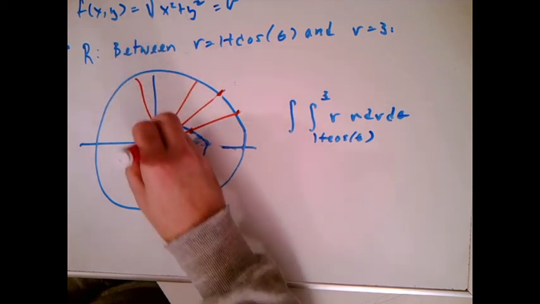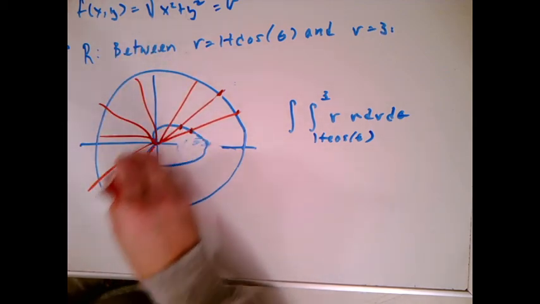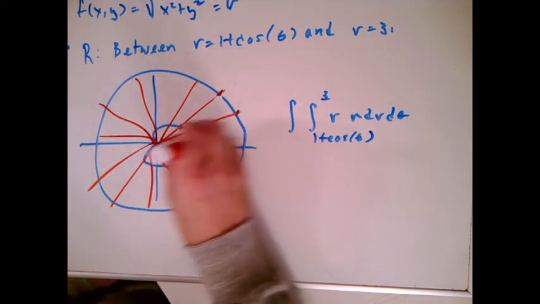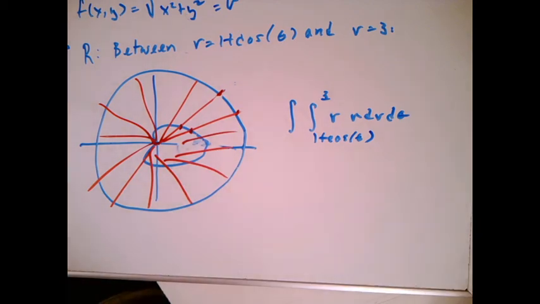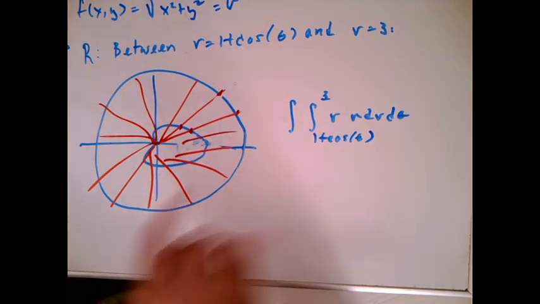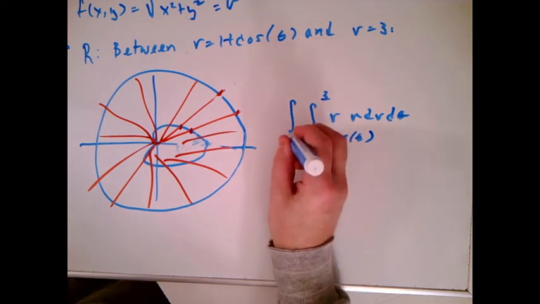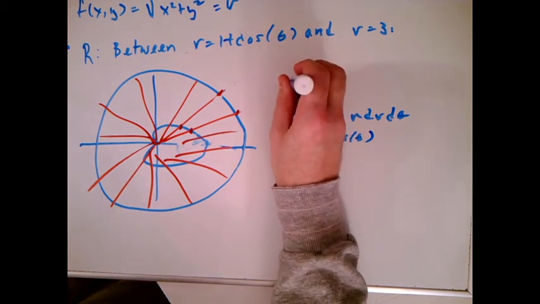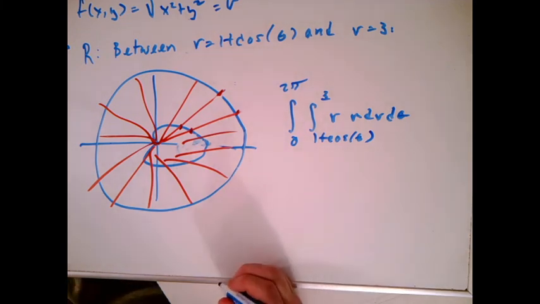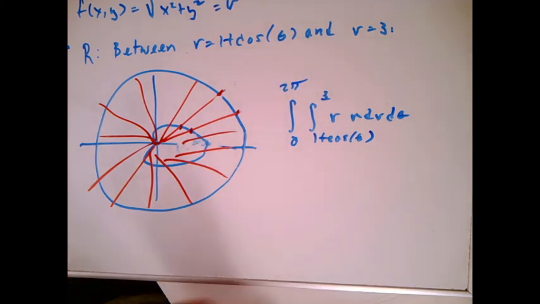Well, you can see that I needed to use all the thetas between 0 and 2 pi. Now, by the way, I could also go from minus pi to pi, as long as it goes all the way around the circle once, so we're good. So I'm going to get 0 here, I'm going to get 2 pi here, and there is our polar integral. It's our first polar integral. All right, on to the next example.